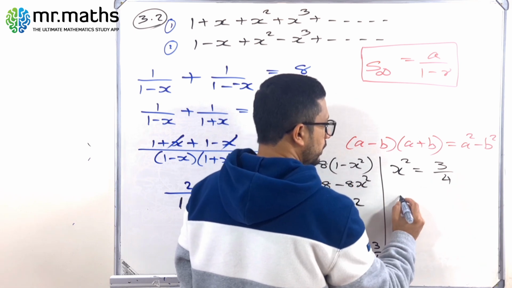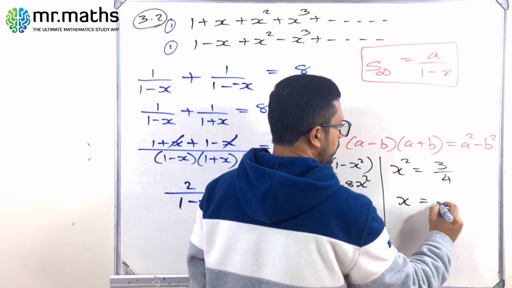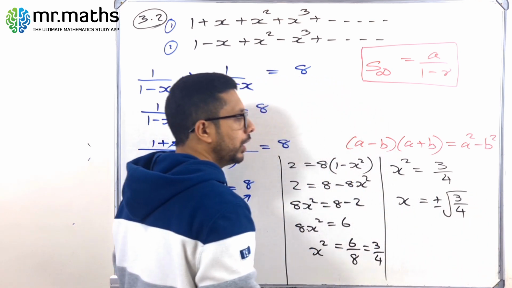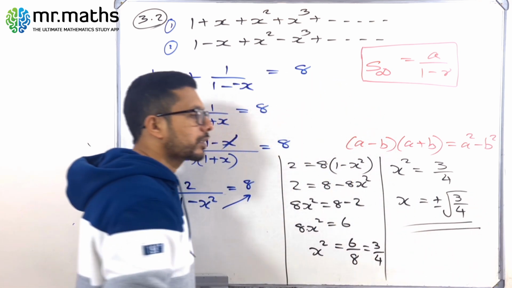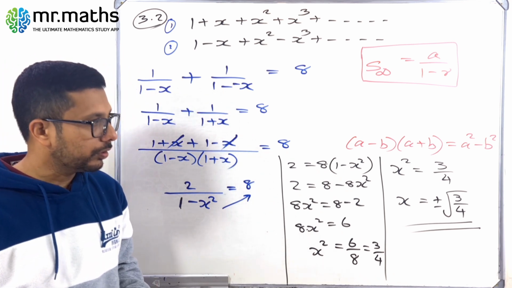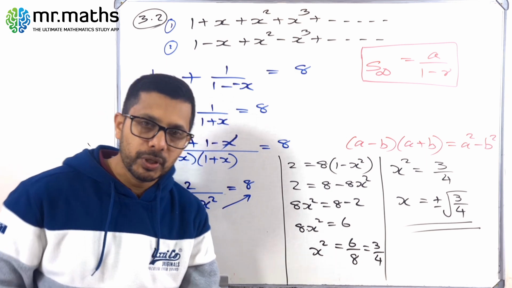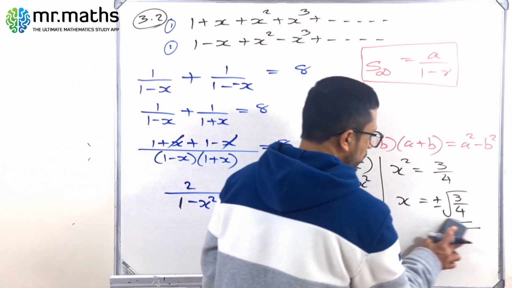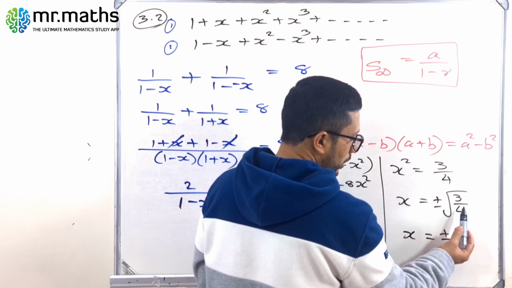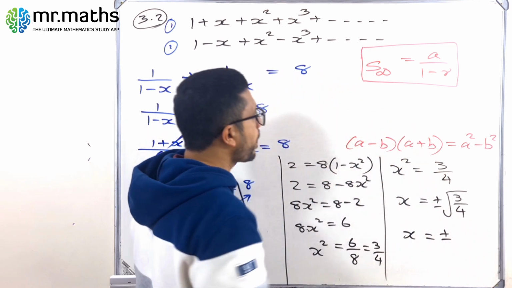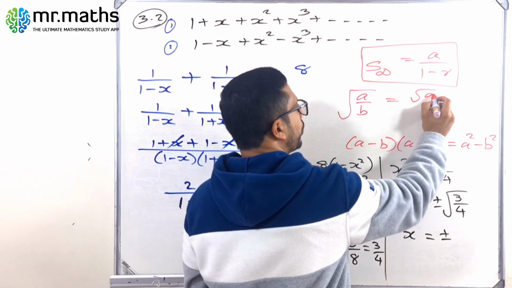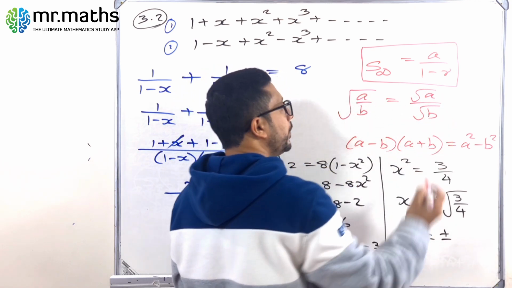So what is x? x is equal to plus or minus square root of 3 over 4, and that is the value of x. There are two values you got, plus or minus square root of 3 over 4. Okay, or if you want to simplify further, you can simplify like this also. x is equal to plus or minus square root, this you studied in exponents, square root of a by b is the same as square root of a divided by square root of b.